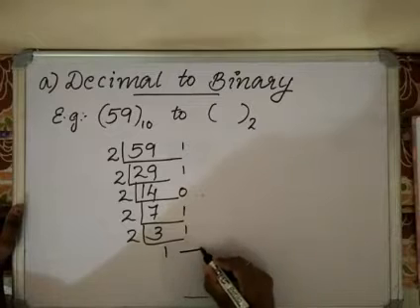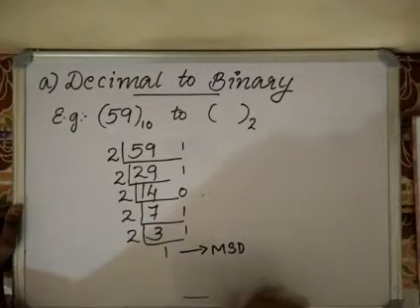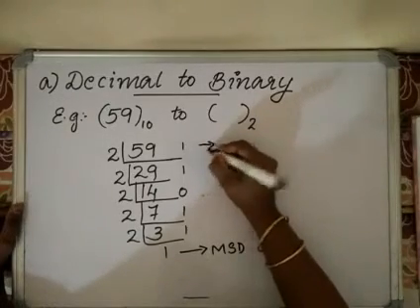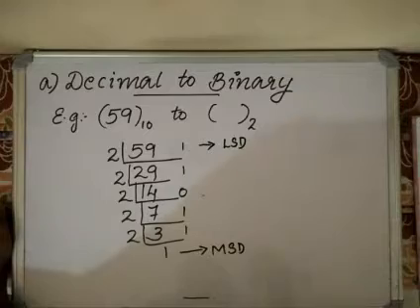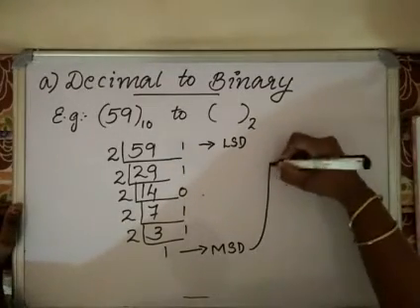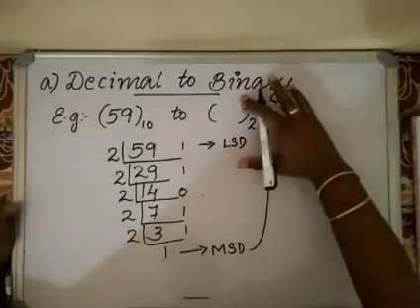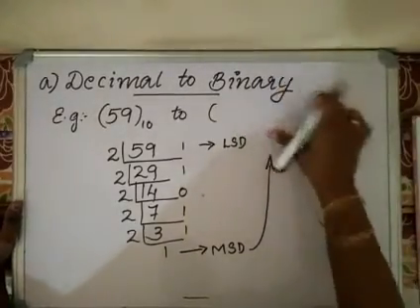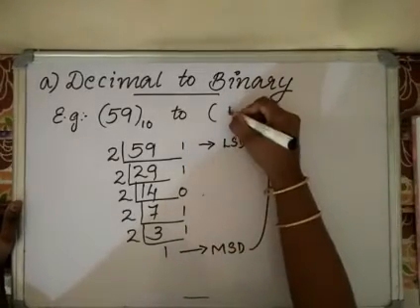The lastly generated one is the most significant digit and this will be the least significant digit. We write from most significant digit to least significant digit. So our equivalent binary will be 111011.